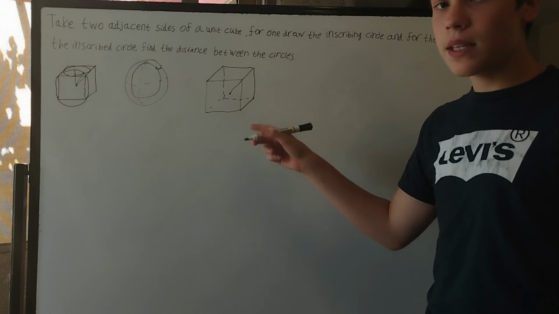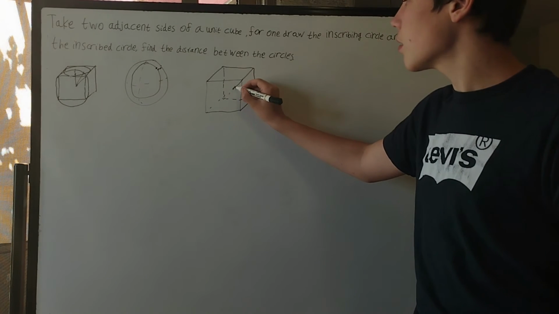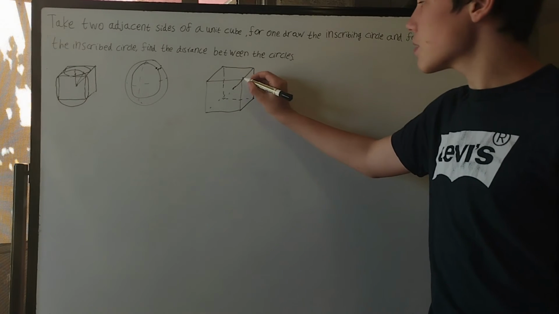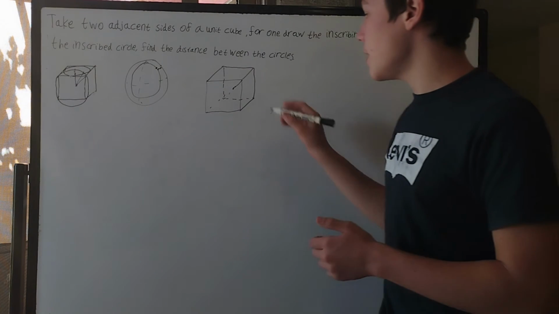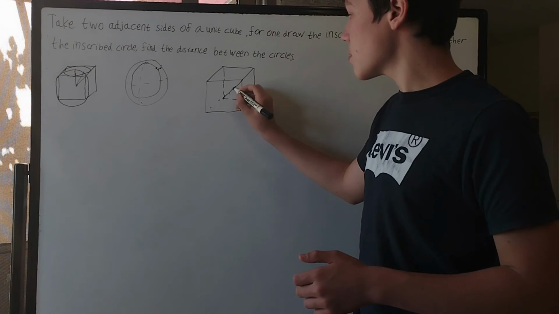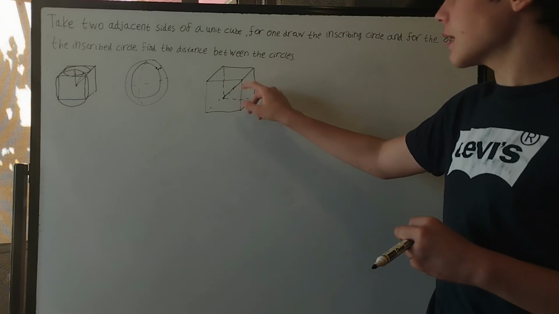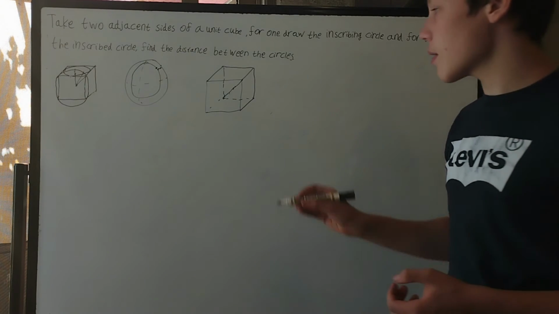This is the distance from the center of the cube, so right here, to one of the corners, right? So to this corner, it's just half of from one point to the exact opposite point, right? Because it's a cube, everything is symmetrical. So basically this is half the length of the main diagonal.